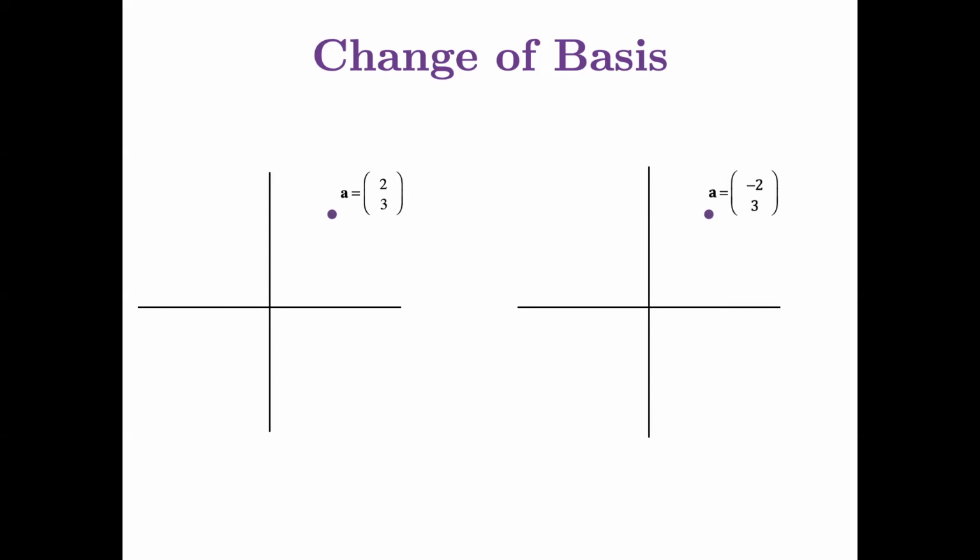Now, nothing in math is incorrect until you show your work. So when the typical students show their work, they show something like, well, we counted 2 along the x-axis and 3 along the y-axis. And mathematically, what they're doing is what's shown here, using the elementary basis.